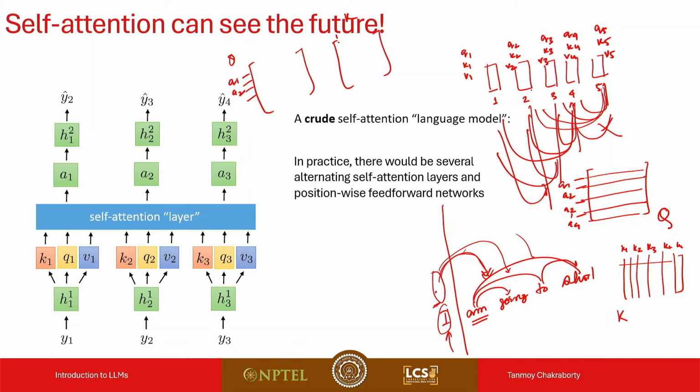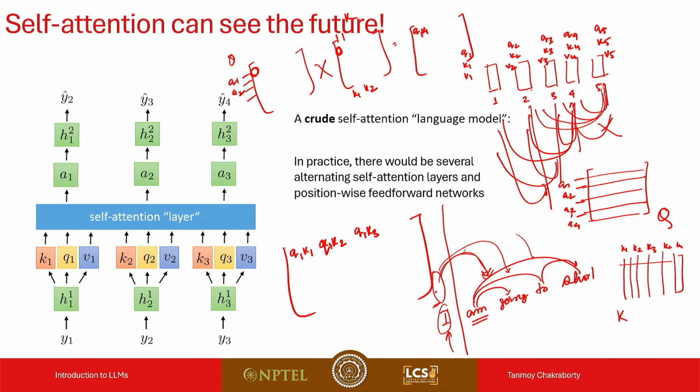Q1, Q2, K1, K2. When you multiply them, this multiplication is essentially an element wise multiplication of the positions. So the resultant matrix will be Q1·K1, Q1·K2, Q1·K3.